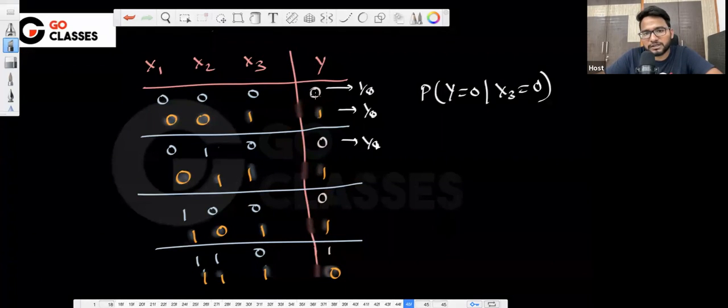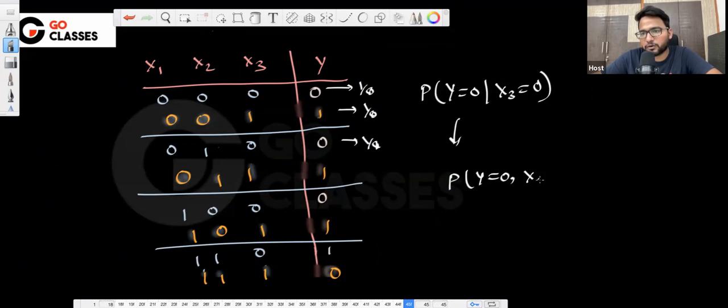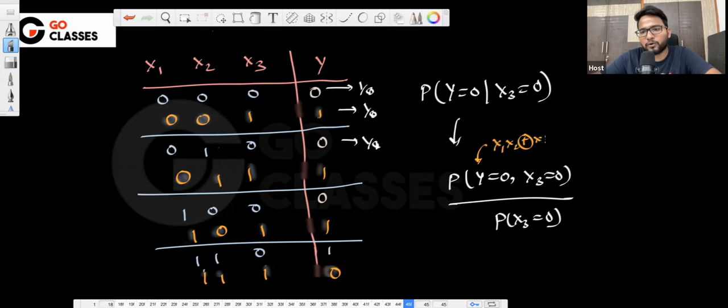I want the probability of y equal to 0, given that x3 equal to 0. So what I can do here is probability of y equal to 0, comma x3 equal to 0, divided by probability of x3 equal to 0. Now I will not put the values of the y value. I will not write this as x1, x2, or x3. I will not write it like this.